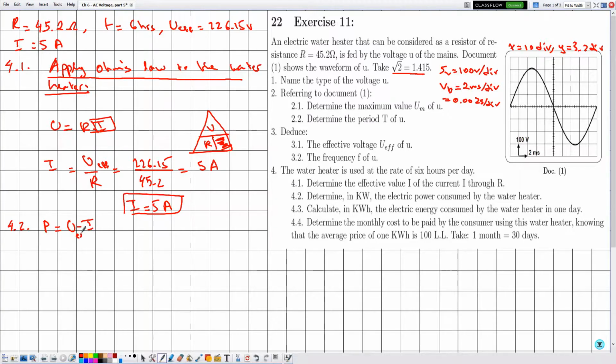So this is U effective corresponding for I effective. Now the value of P is given by 226.15 multiplied by 5. Plugging this on the calculator, the value of P is given by 1130.75.